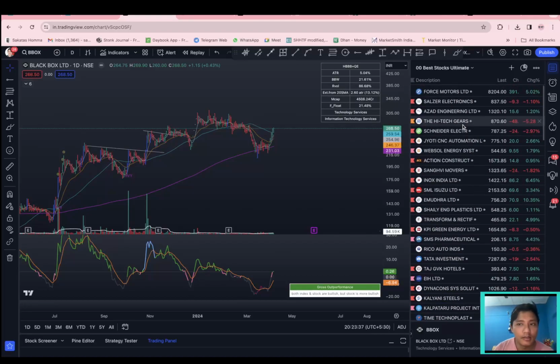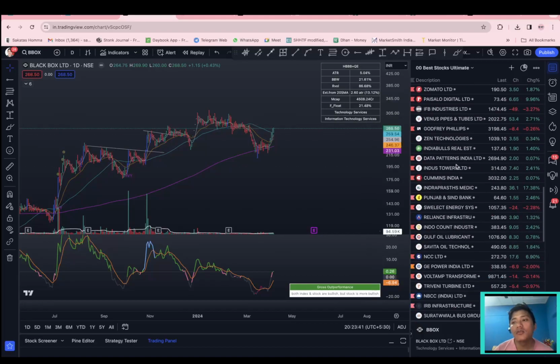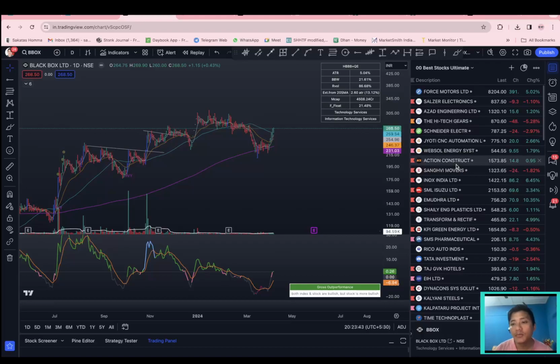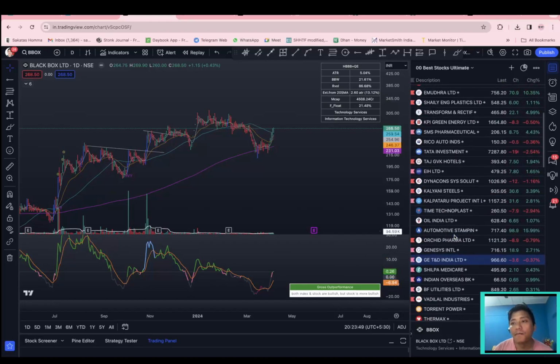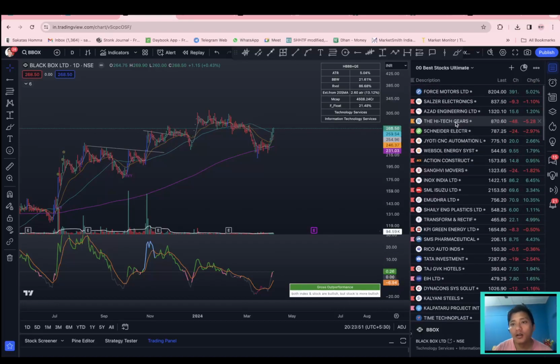Now this is it. Every day, even if you add new names, there will be only a couple of names added, let's say 5 or 10 maximum, because most of the top 100 names will still remain the same.